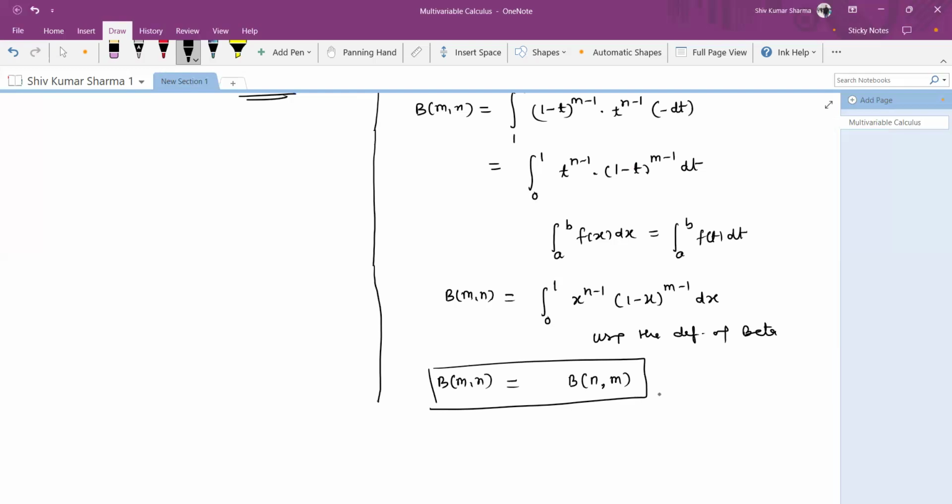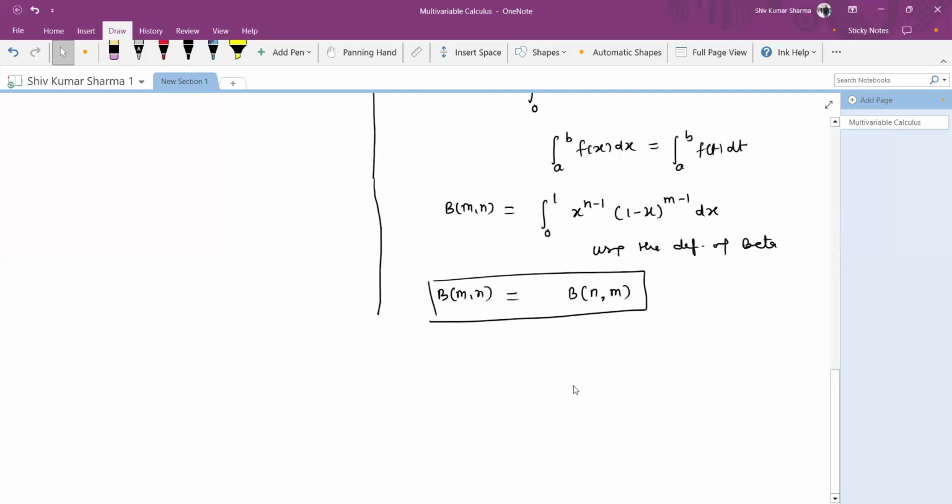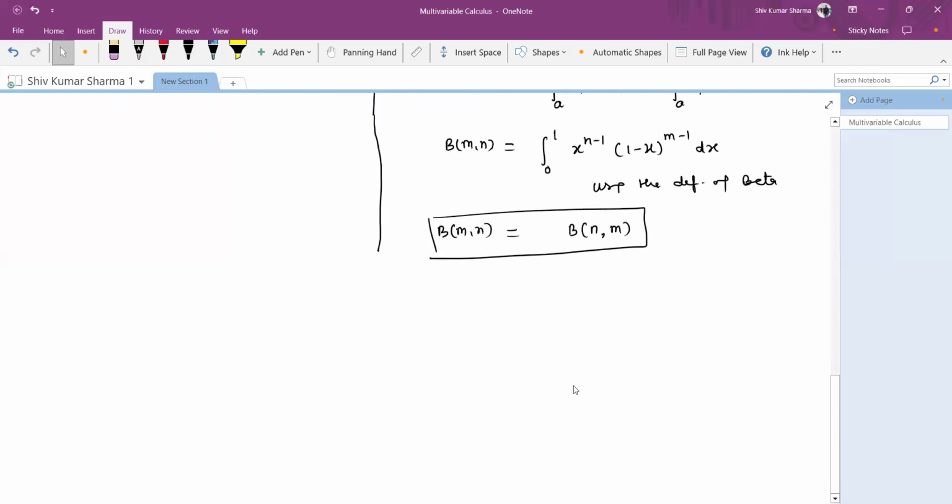So now we move to the further properties of beta function. These further properties are also important. So we move to another property, property number 2.